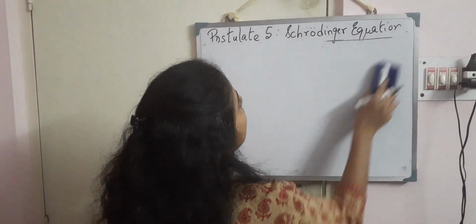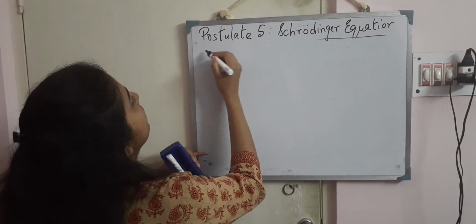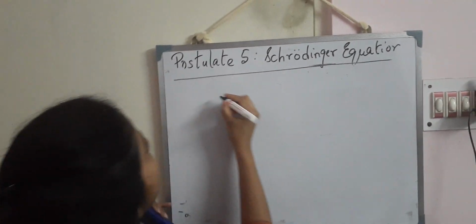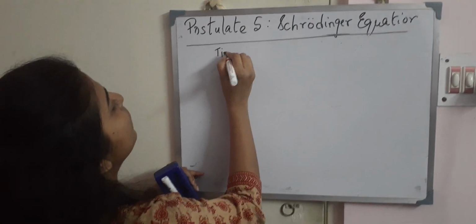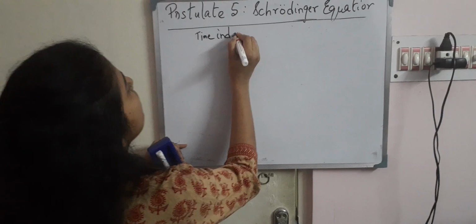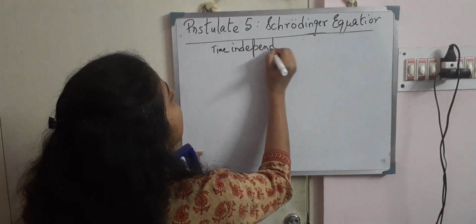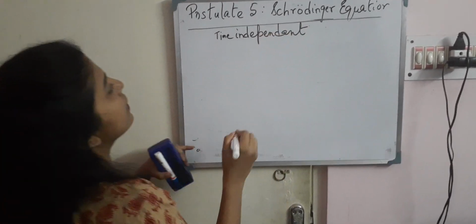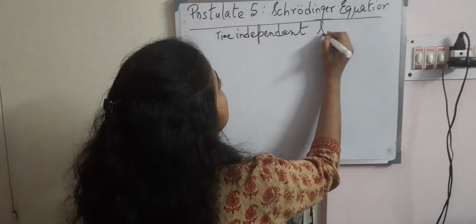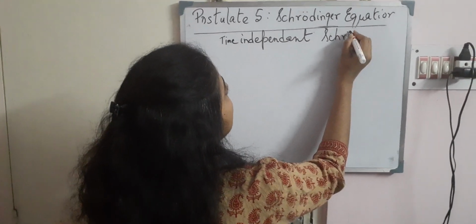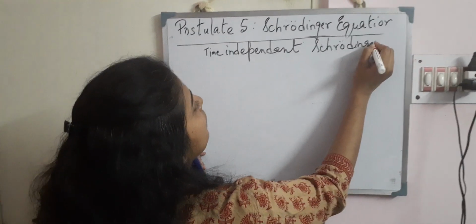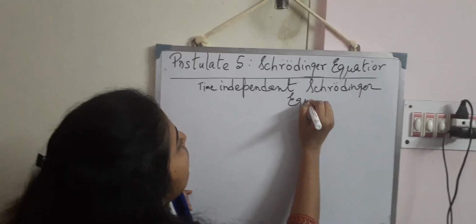So let's see how we do it. In this process we will be finding the time independent Schrödinger equation from the time dependent one.